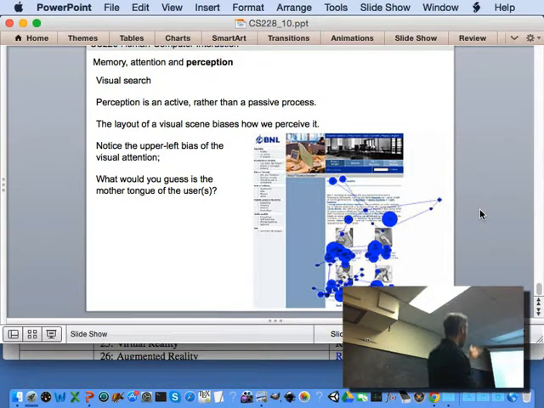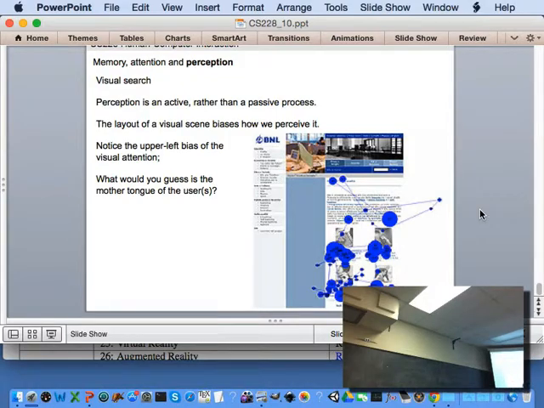I mentioned this before. There are some cool HCI studies out there where participants wear eye tracking software, and you actually watch where they look. This is sometimes used for website design, assuming this is someone who speaks English or a Romance language.